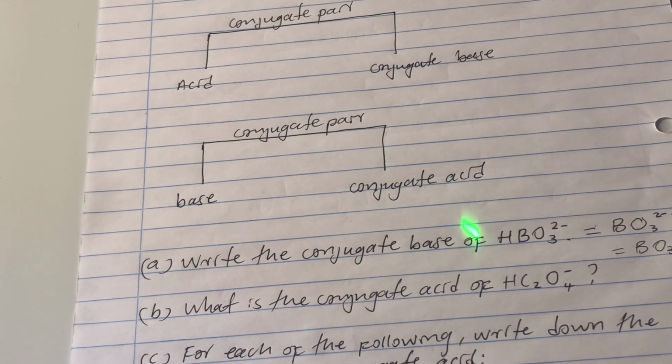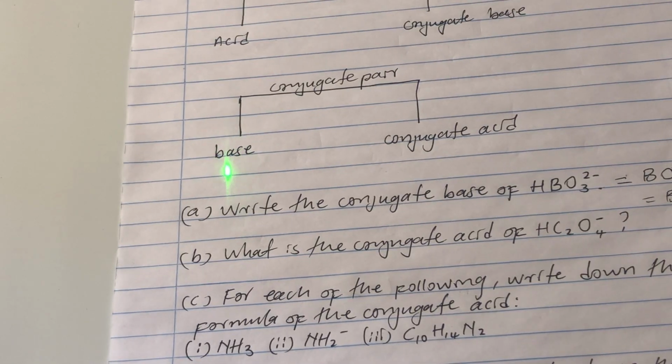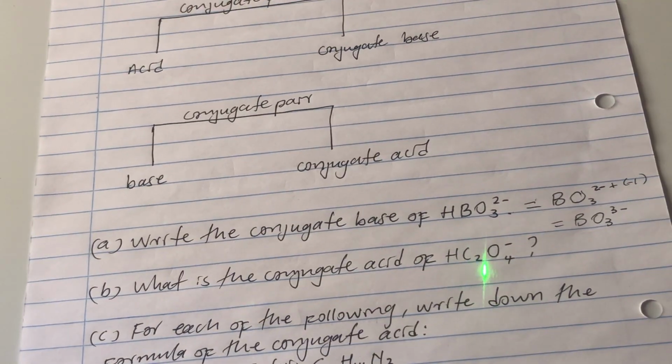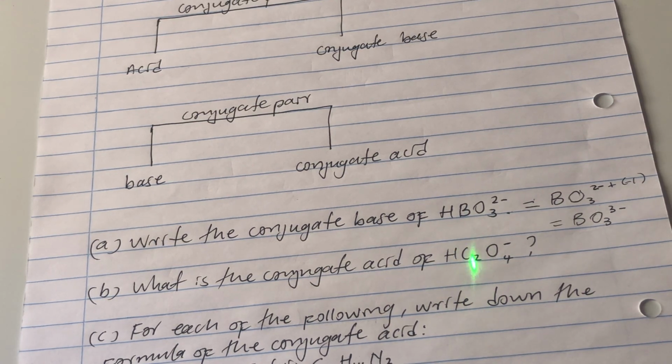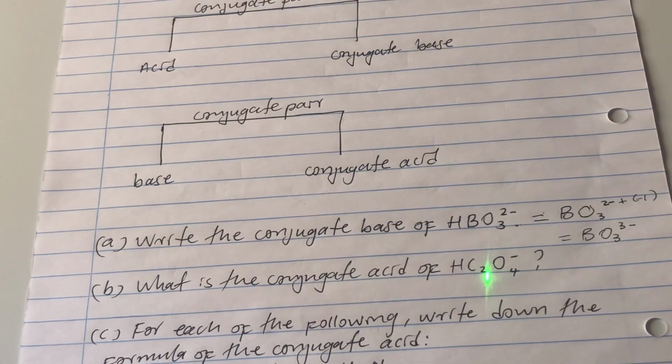What does this tell us? It tells us that HC2O4 minus is a base. And what happens to a base? A base accepts. If this base accepts a proton, what will it become? That's what we must answer.